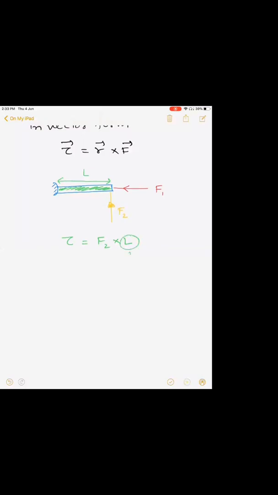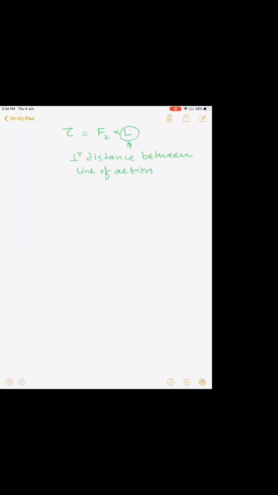L is the perpendicular distance between the line of action of force and the axis of rotation.